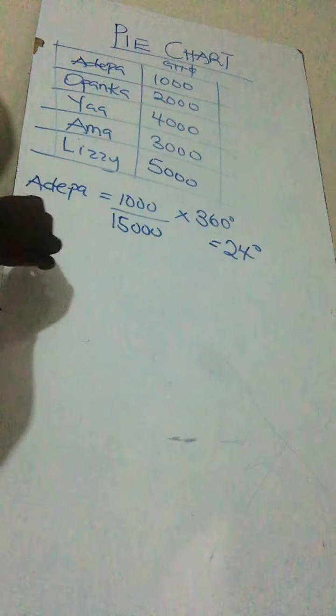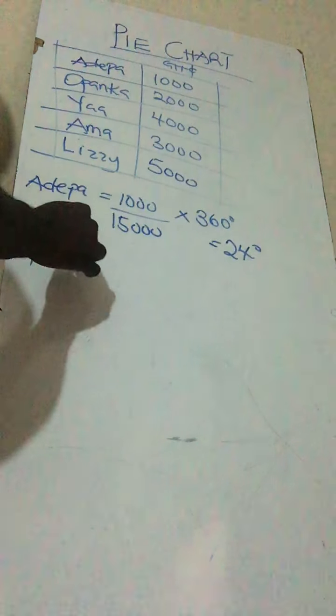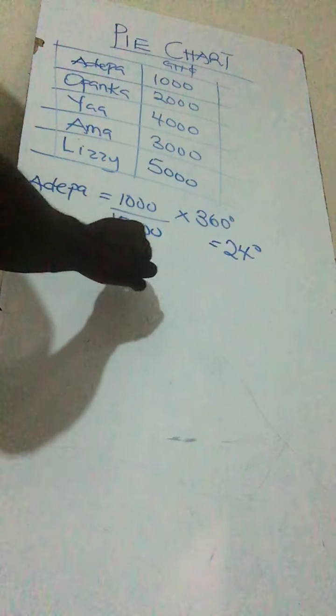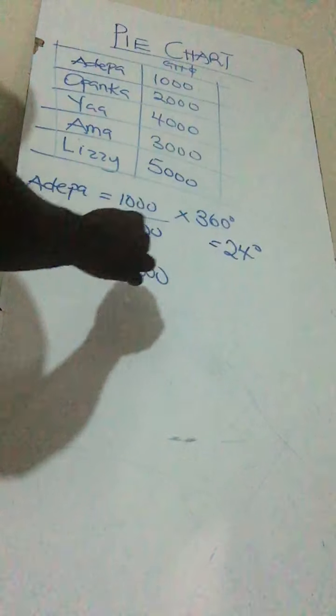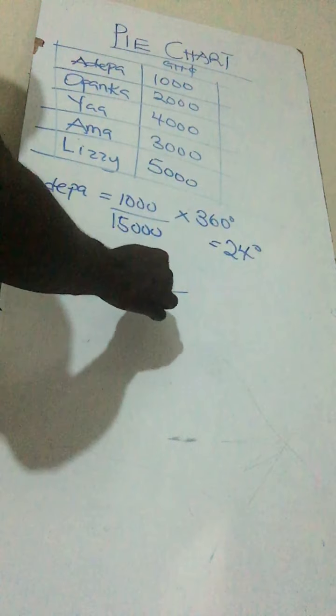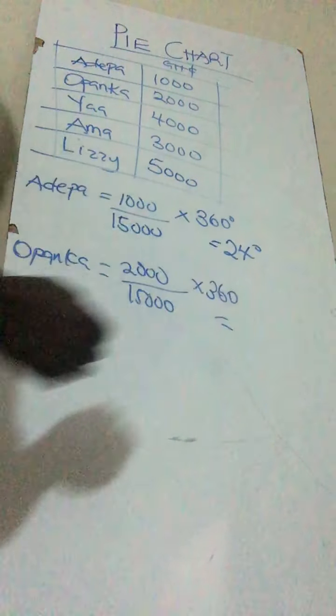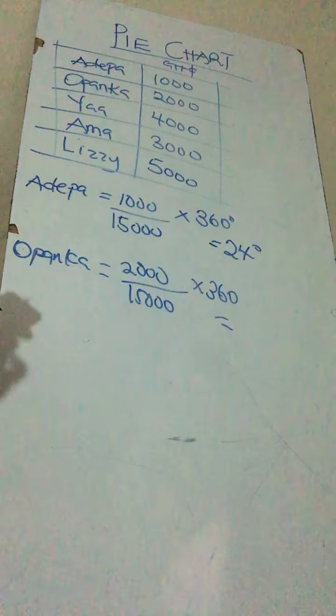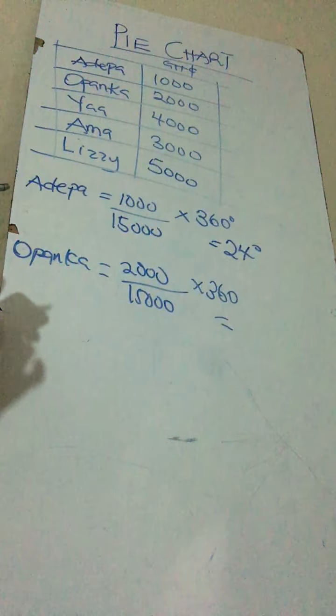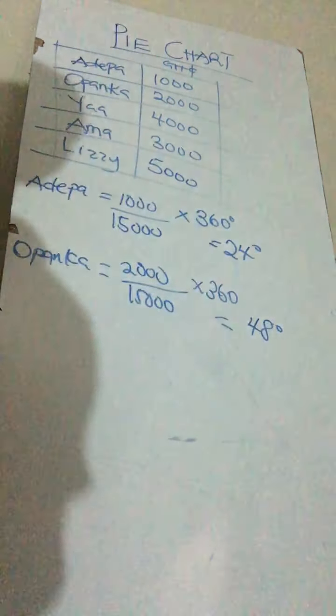Now let's come to Opanka. Opanka's money is 2,000, the total money is 15,000, times 360. So 2,000 divided by 15,000 times 360. You get 48 degrees.